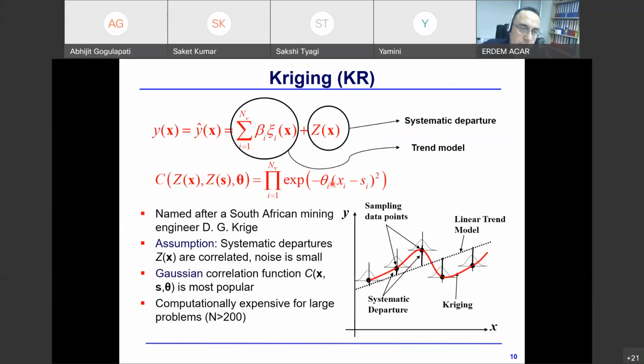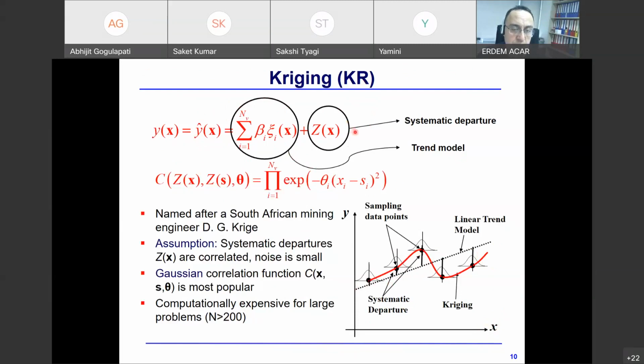Another mathematical model or surrogate model is kriging, which is more advanced than polynomial response surface. Over here, our prediction has two components. The first component is a trend model, which is a general trend of the data values with respect to the design variables.